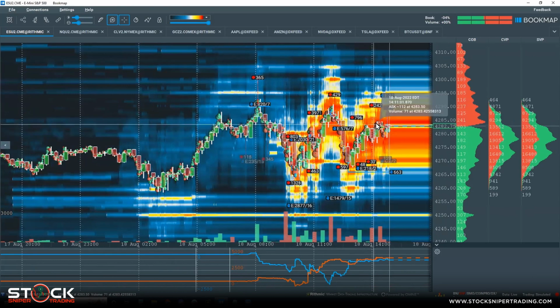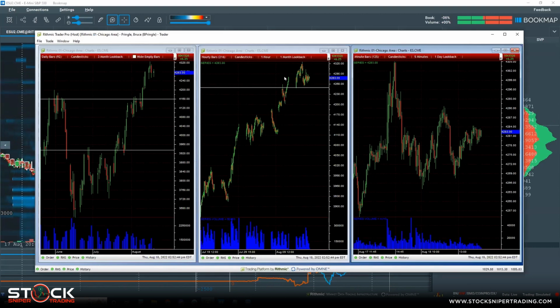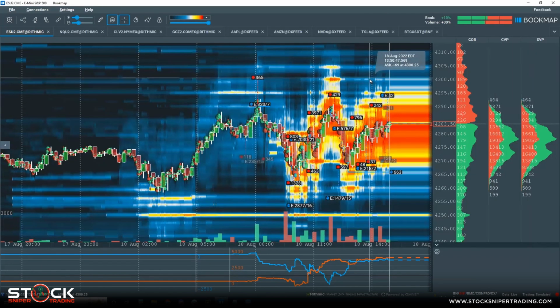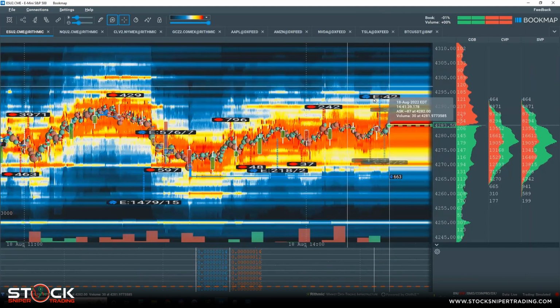What I usually do is look at my candlestick charts. This is Rhythmic R Trader. I have a daily, an hourly, and a 15-minute, and I just want to get a feel for ranges. Where were drops, where are there wicks, buyers, sellers, etc. Then I look at Bookmap, and I can zoom in here.